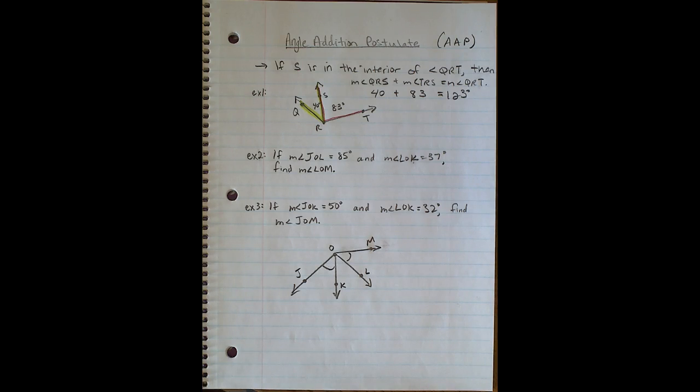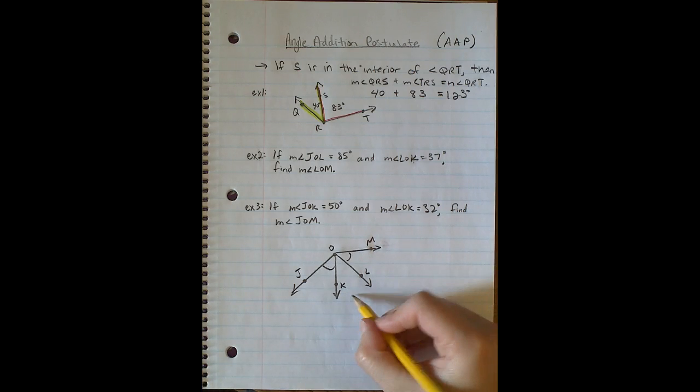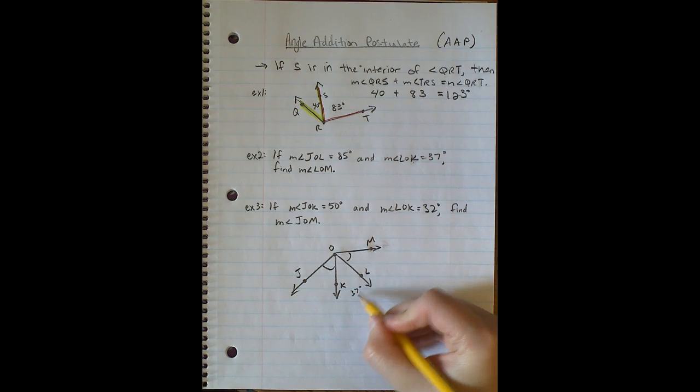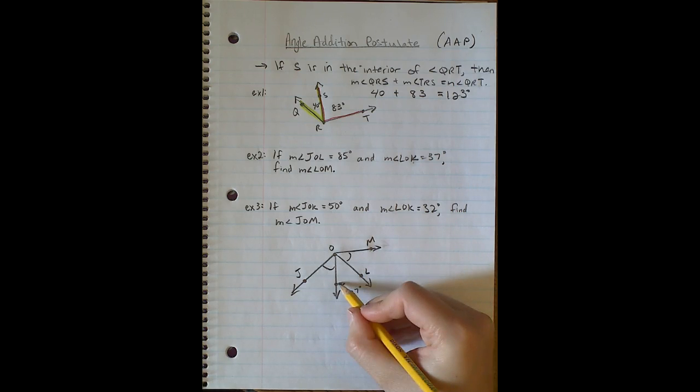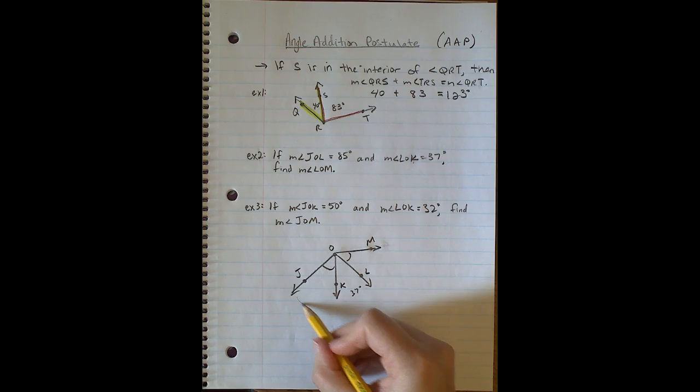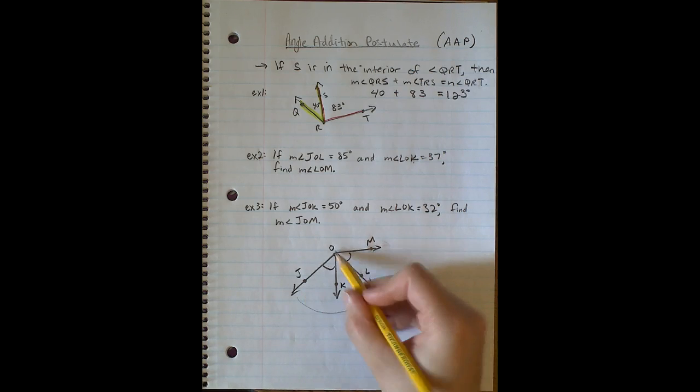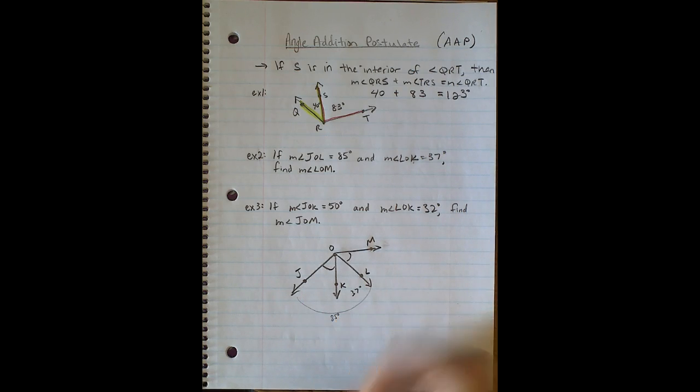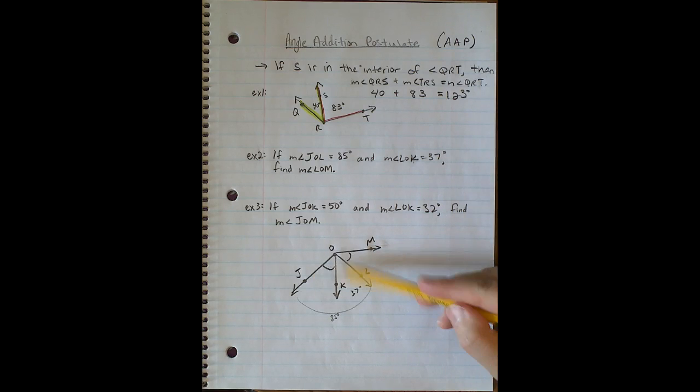So the first thing I'm going to do is label my 37 degrees here for angle LOK. And then JOL, which is the large angle here, JOL is 85 degrees. In order to find angle LOM, I need to also know angle JOK.